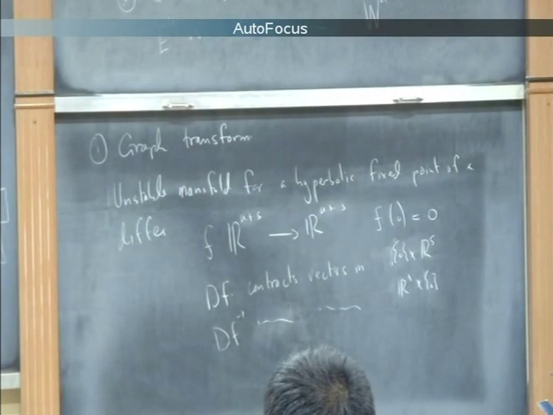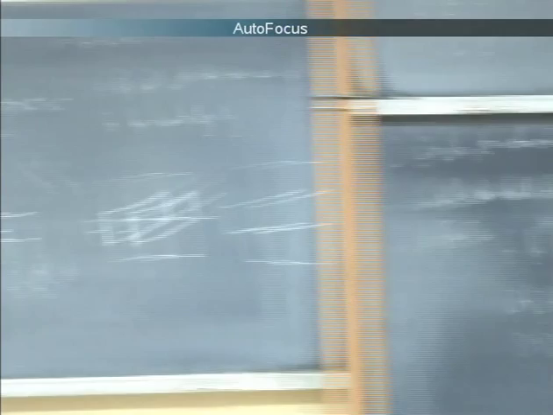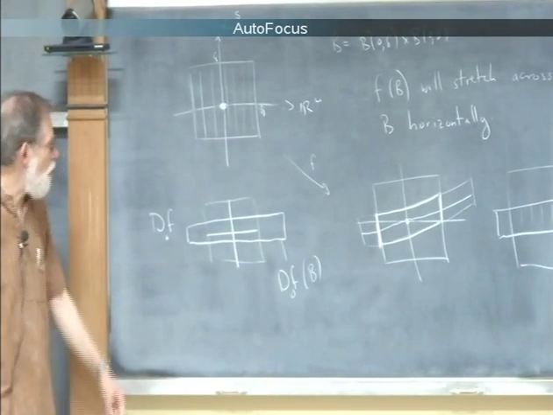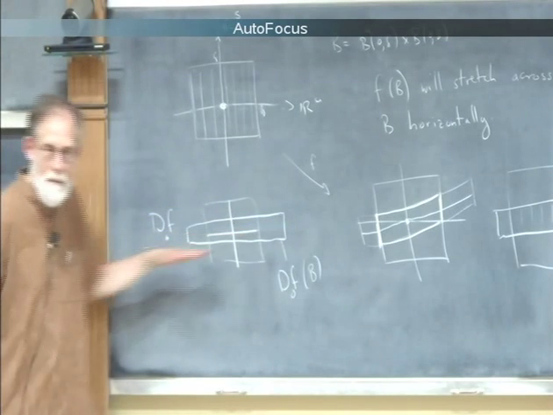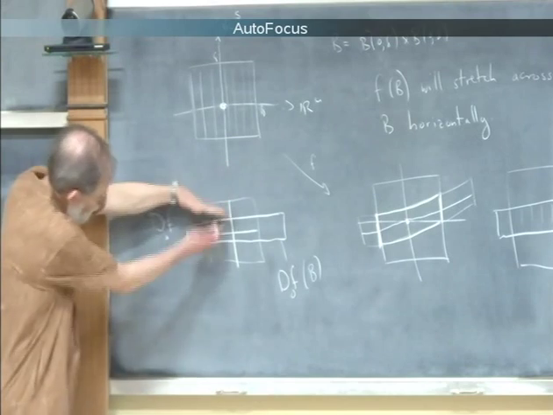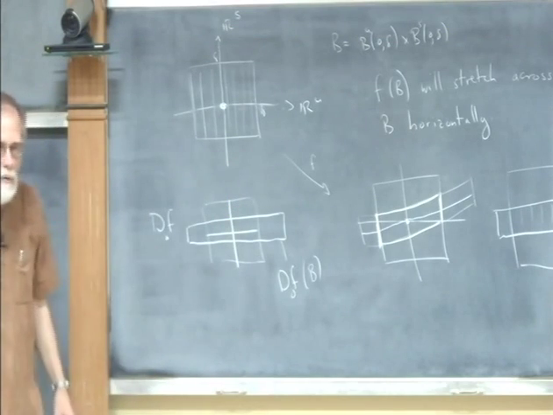So the idea in this picture is that the horizontal is getting stretched, vertical is getting contracted. And so if I just kept iterating the derivative at the origin, I would see everything would be linear. You can see how you contract vertically and expand horizontally.